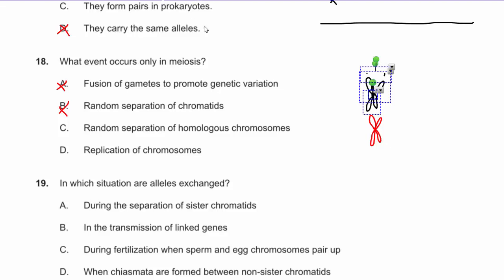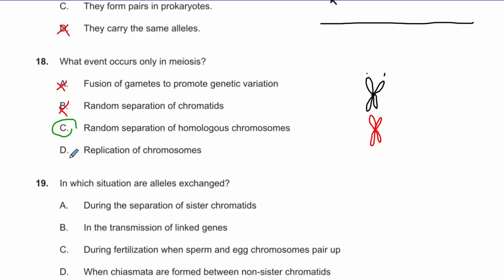So this is indeed correct. There is random separation of homologous chromosomes in meiosis 1, I think it's anaphase.